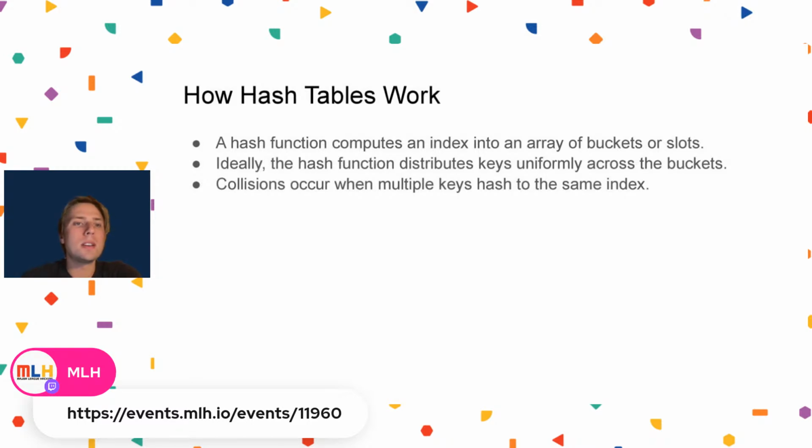So the idea is that you can more efficiently access these keys by distributing them evenly in buckets, so that we only have to search in one bucket, for example, for a key. And collisions can occur when multiple keys hash to the same index. So you do need to make sure that your hash function is set up properly, and that's to avoid those collisions.